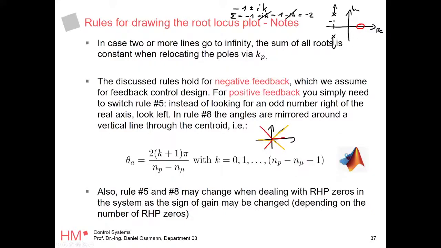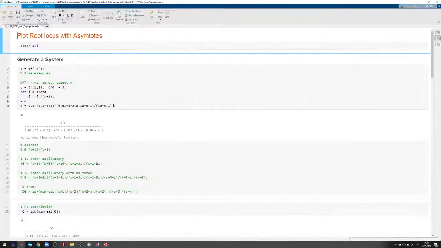Okay. So to give you a little bit more practice, I actually coded up this whole methodology. To be fair, MATLAB has built-in functions to draw the root locus curve, right? So say you have a system you're doing a project on, or your bachelor thesis, which is probably approaching pretty fast for some of you, and you decide to do it in controls or flight controls or flight mechanics, and you happen to have a transfer function.